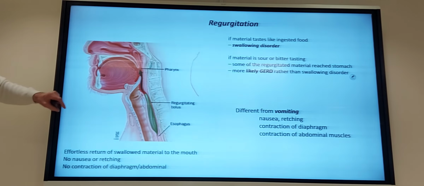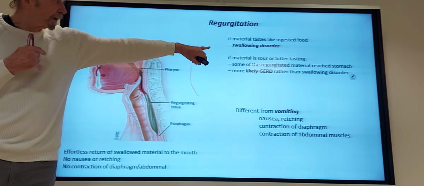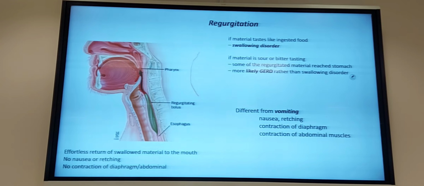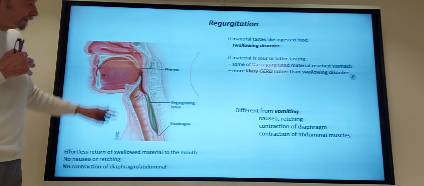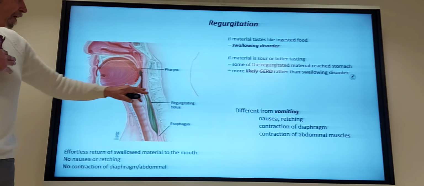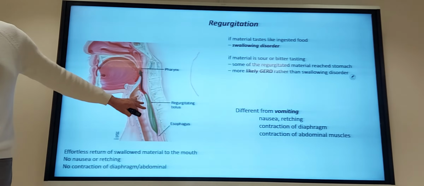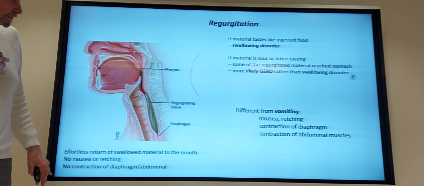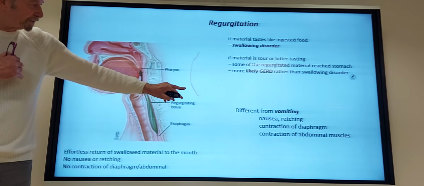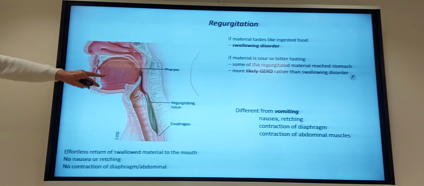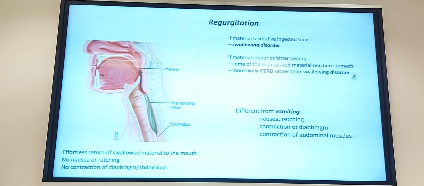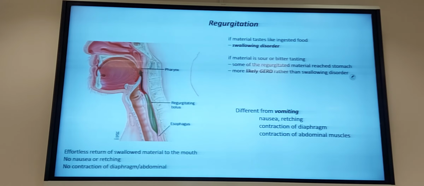But if it's acidic, sour, bitter, now you know that's not coming from your esophagus. It's coming from your stomach. So that's an interesting thing about regurgitation. But that can happen commonly. It's not a problem. And you have secondary peristalsis, etc., that help move things back into the stomach. It's not associated with nausea or retching or any abdominal contractions or vomiting. I have to cover vomiting for you as well.